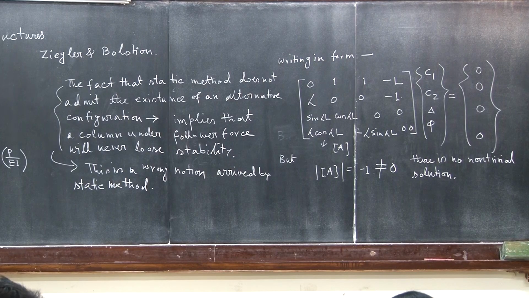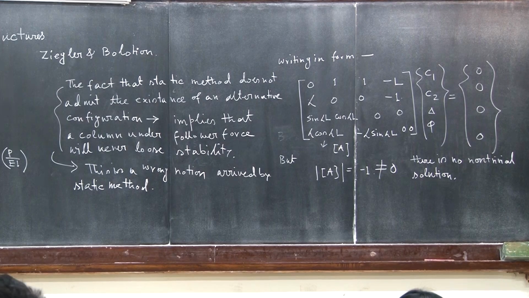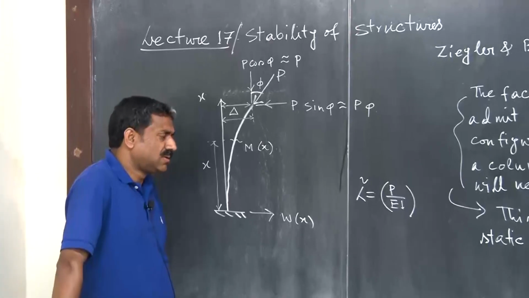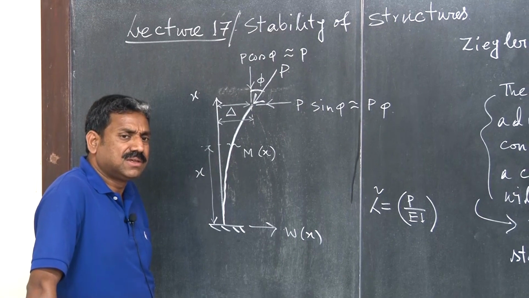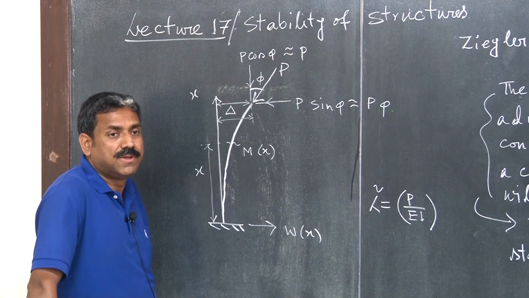Many people were confused, and then scientists realized it was misleading. The static approach was misleading. That was giving that it will never lose stability. That cannot happen. So this basically perplexed the scientists for quite several decades, to see that this cannot lose stability, which is a wrong notion.